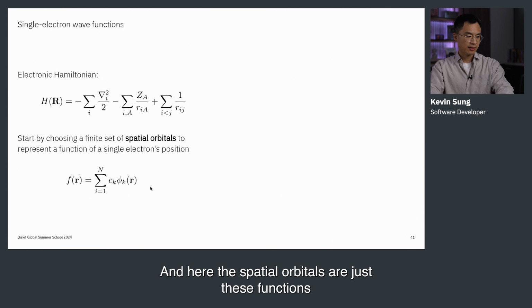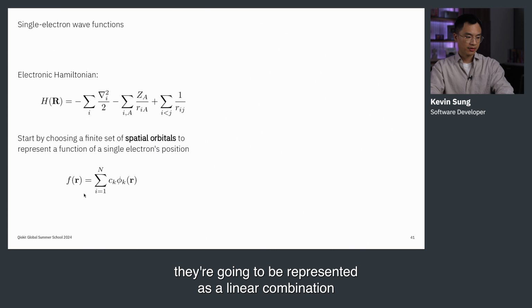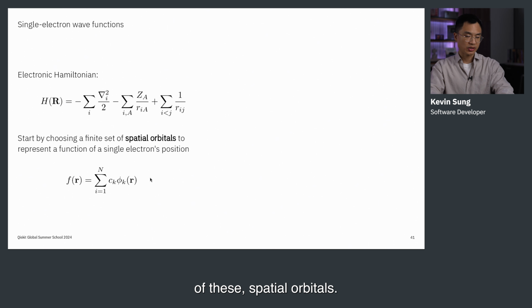Here the spatial orbitals are just these functions represented by phi. And what this is showing is that we are going to represent the spatial functions, or the functions of a spatial coordinate r, as a linear combination of these spatial orbitals.